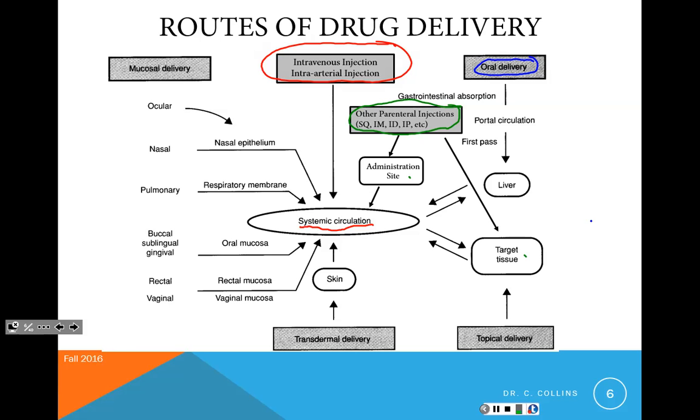This is referred to, and you'll hear this if you haven't already heard it, as first pass effect. Because it gets absorbed, the liver gets first shot at it, it's at its highest concentration it's going to be in the body, so it's pretty efficient. And some drugs can't be given orally because the liver is so efficient at eliminating them that the first pass pretty much eliminates all the drug.